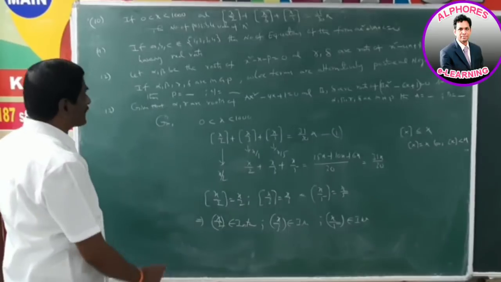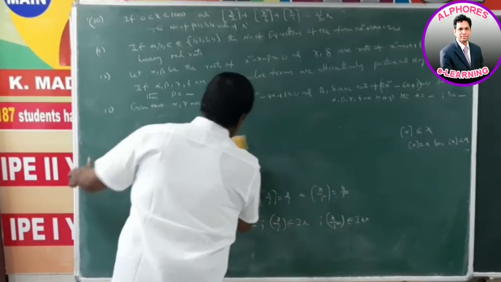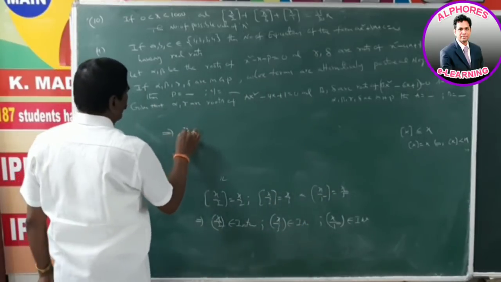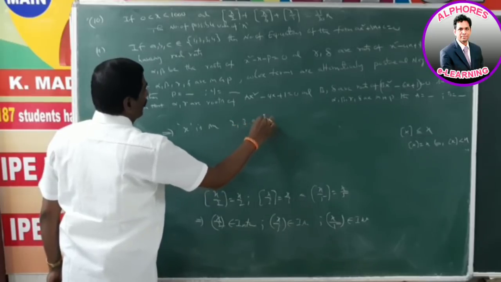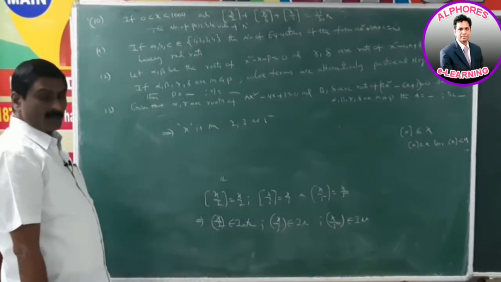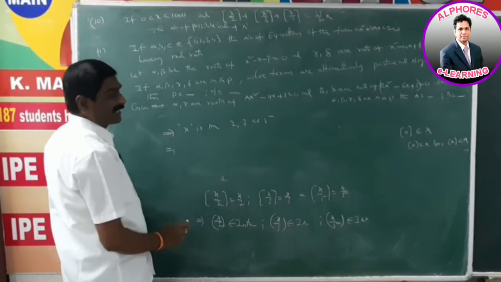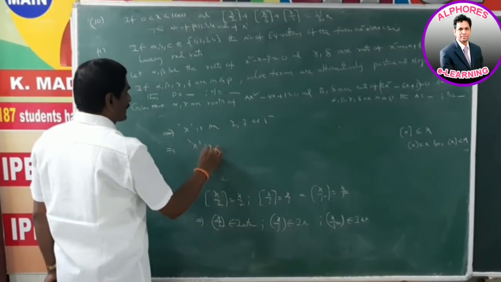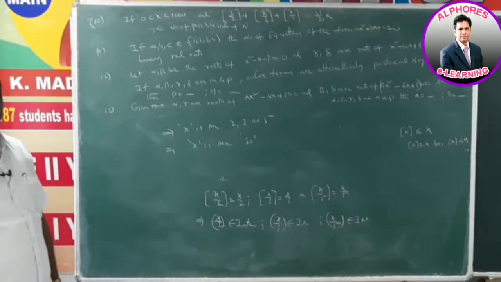Finally, x is a multiple of 2, 3 and 5, which means multiples of the LCM of 2, 3, 5. That means 30. Therefore, x is a multiple of 30.